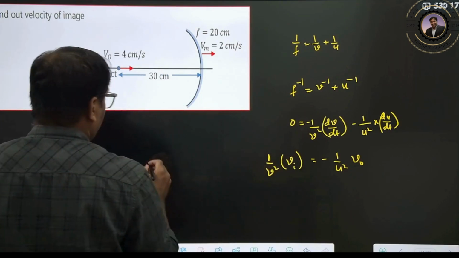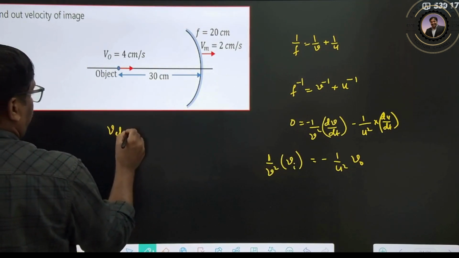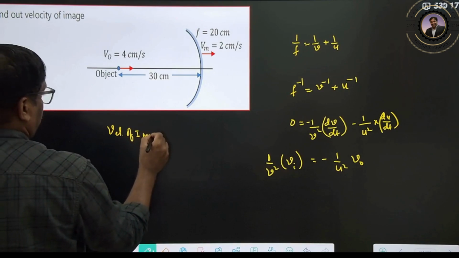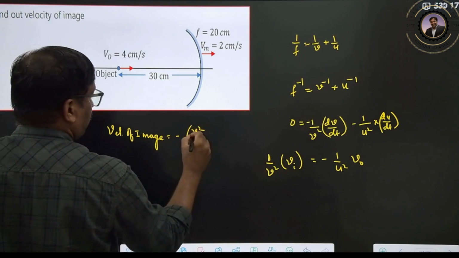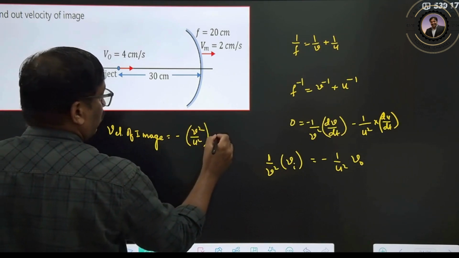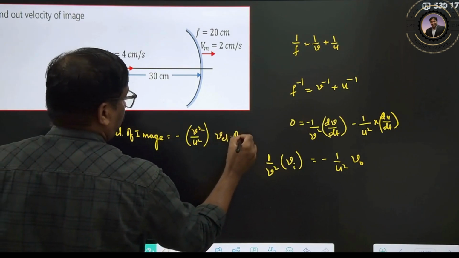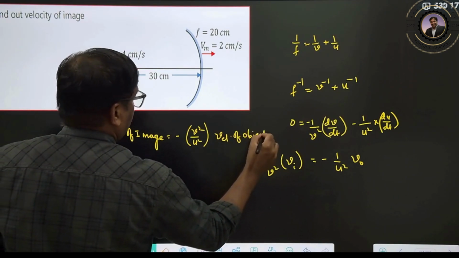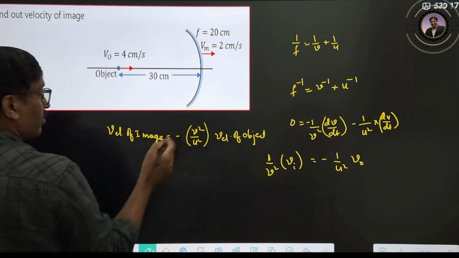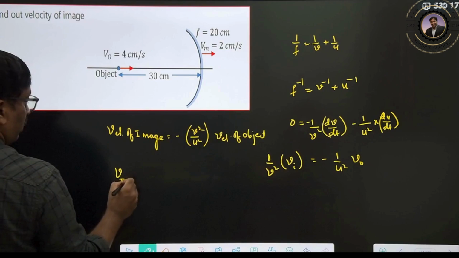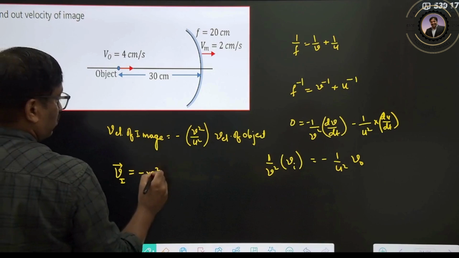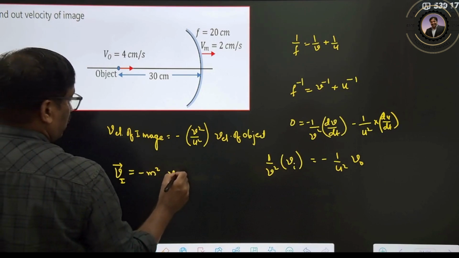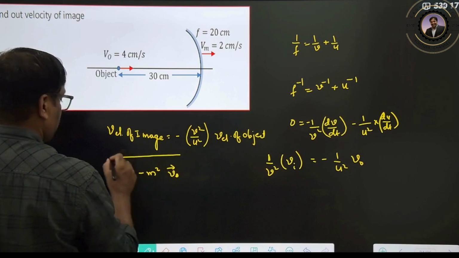So velocity of the image is equal to minus v square by u square into velocity of the object. Means v by u whole square, so this is equal to minus m square into velocity of the object.